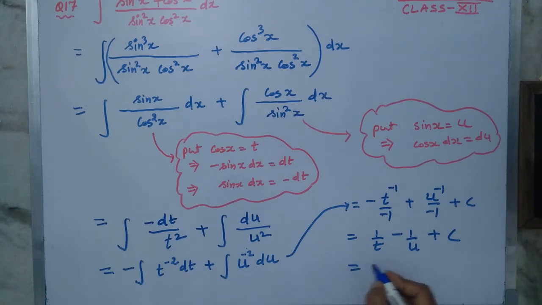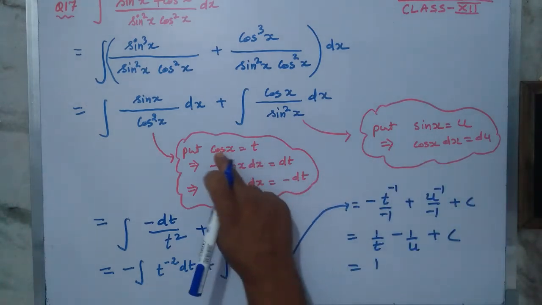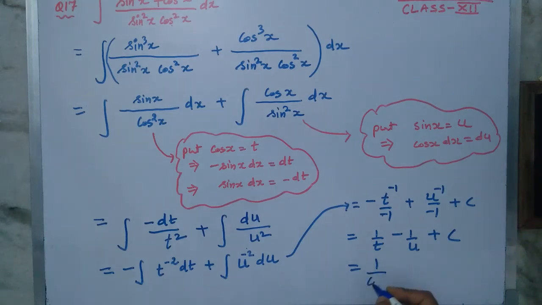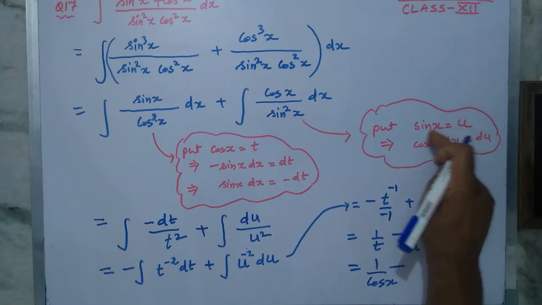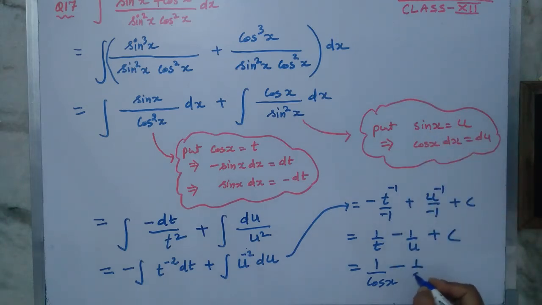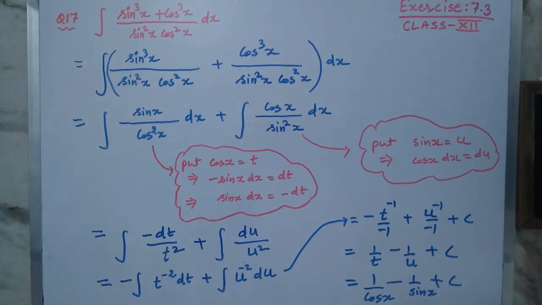So what is the value of t? The value of t is cos x, so 1 upon cos x minus 1 upon u, where u is sin x, plus c. So this is the final answer to the question.